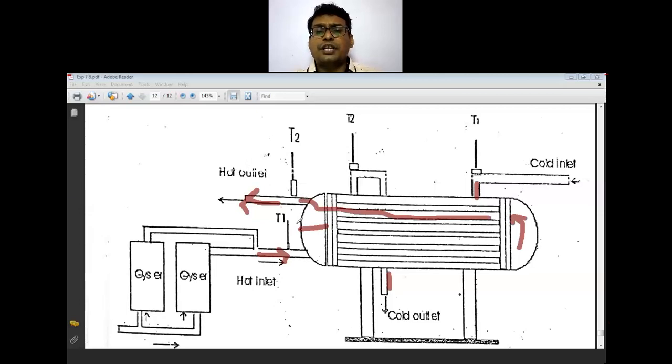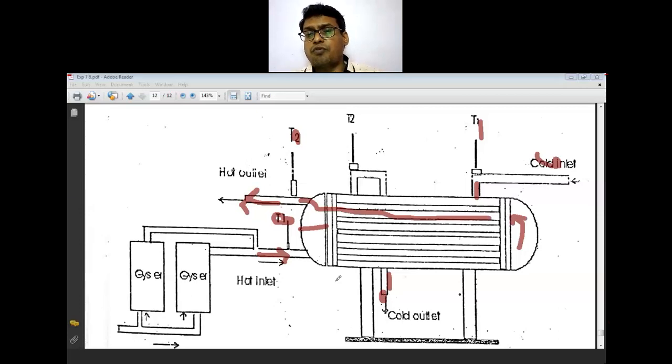Now I have the temperature measurements T1, T2 for hot water inlet and hot water outlet, and similarly T1 and T2 for cold water inlet and cold water outlet. So these are the temperature arrangements that are provided.